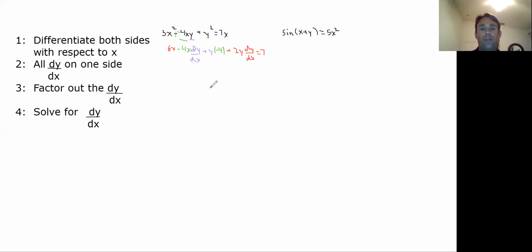All right, so all the dy dx is on one side, everything else goes to the other side. I'm going to move the dy dx this time just because I feel like doing something different. 6x minus 4y minus 7 equals 4x dy dx, and minus 2y dy dx.